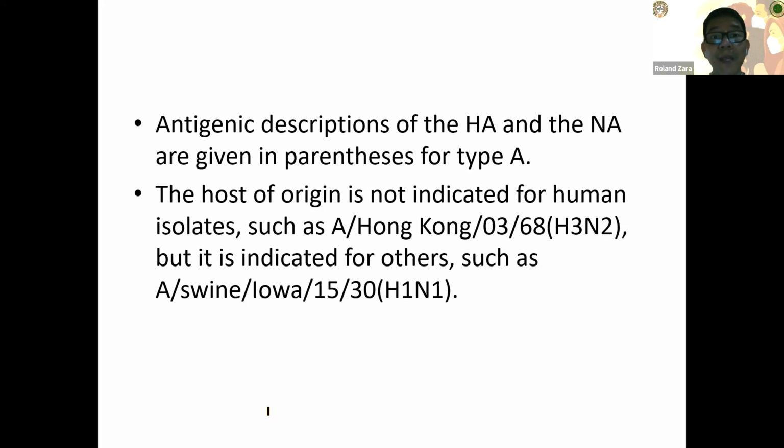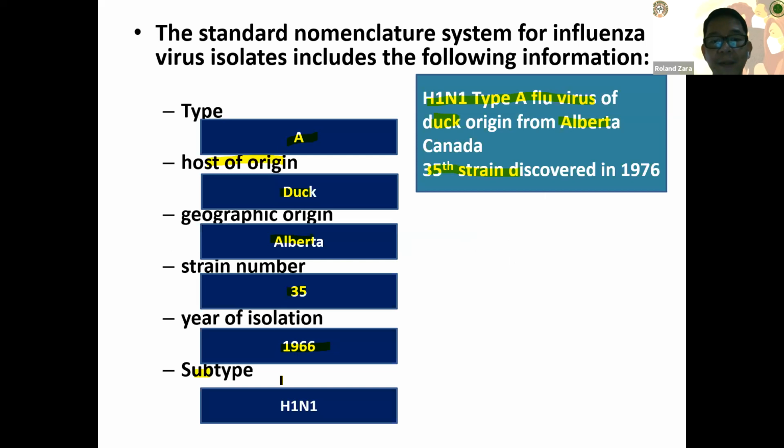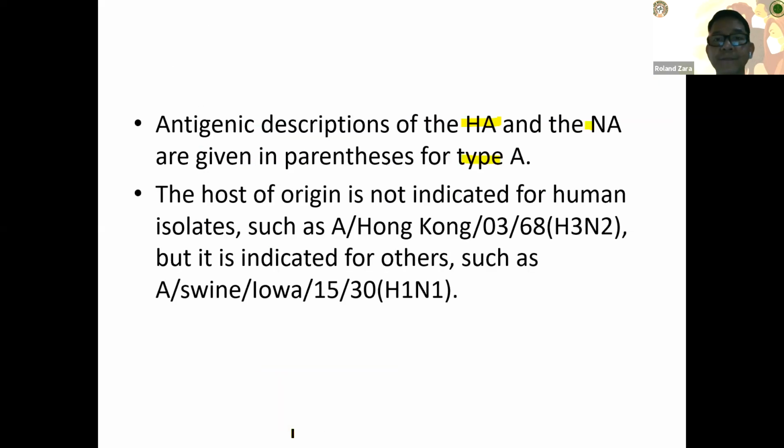So the antigenic descriptions of your hemagglutinin and NA are given in parentheses for type A. So there should be a parenthesis here.